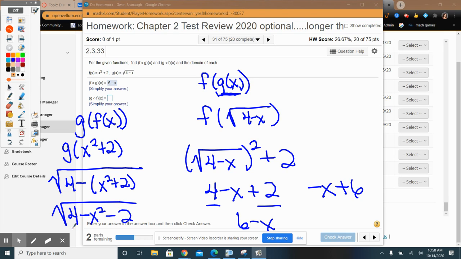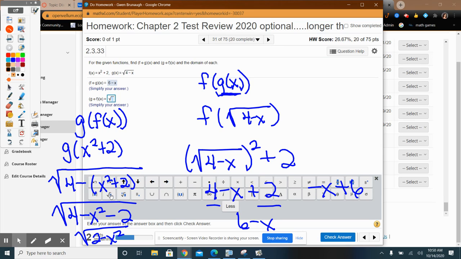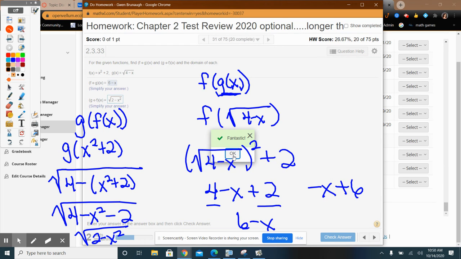And this time it's a 4 and a minus 2. So that's a 2 minus x squared. So it's a square root, and then you'll have the 2 minus the x squared underneath. You might want to do those a couple of times.